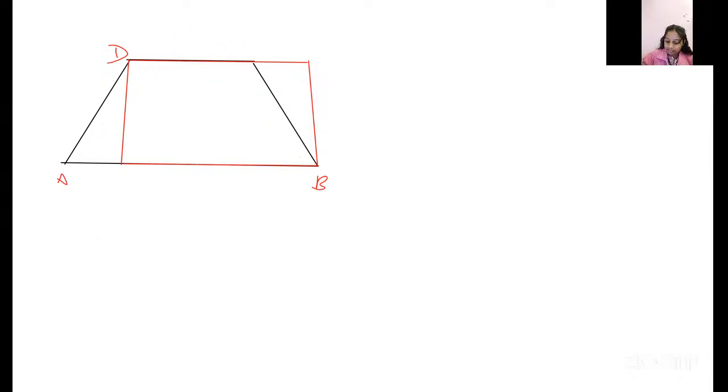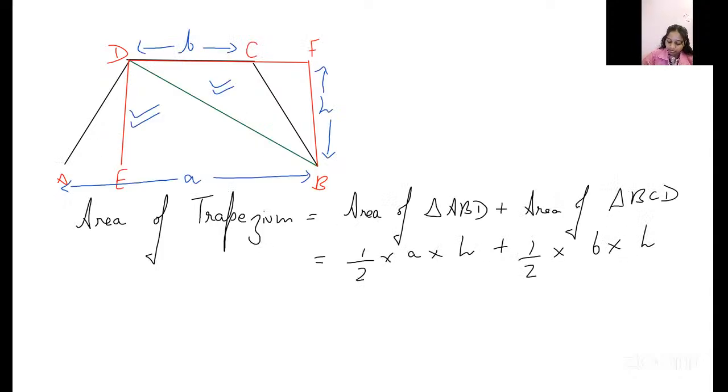Take a look at this point. This thing is also the height, this DE. So of the triangle DAB, AB is the base and DE is the height. Now take a look at triangle BCD.